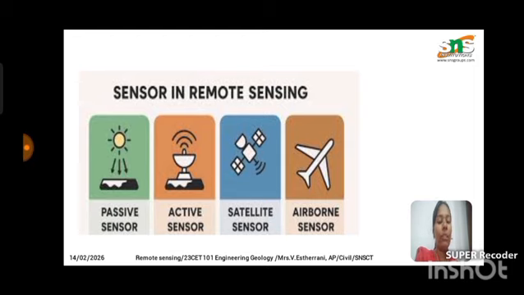Satellite sensors are where the satellites themselves gather the information. Airborne sensors are where an aeroplane or parachute or any other airborne platform is used for this type of remote sensing. These are all the 4 sensor types that are used in the remote sensing process.